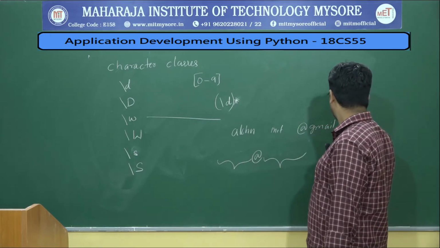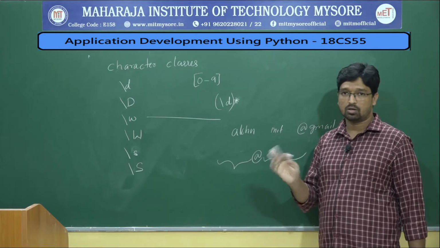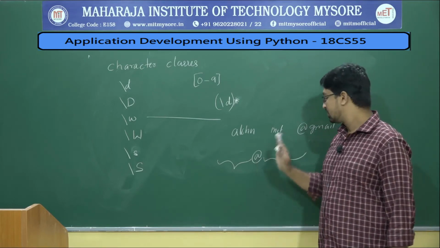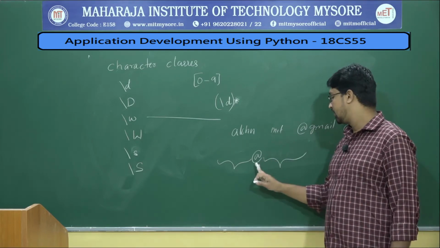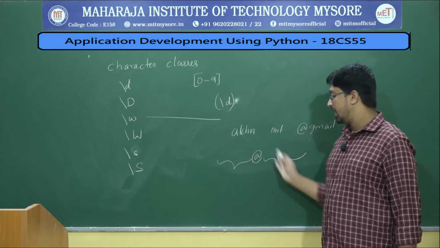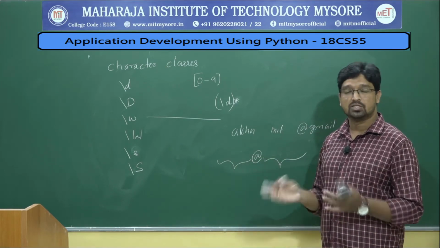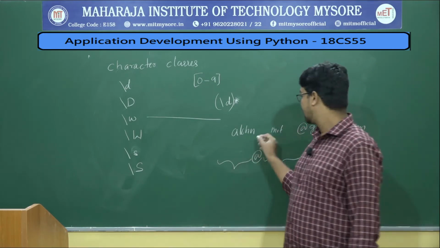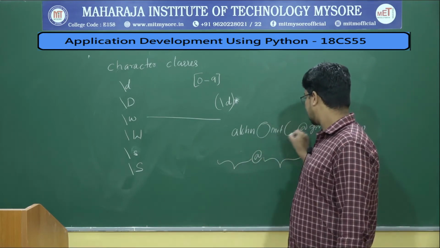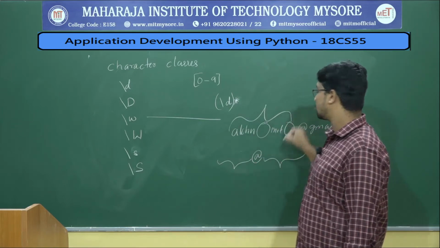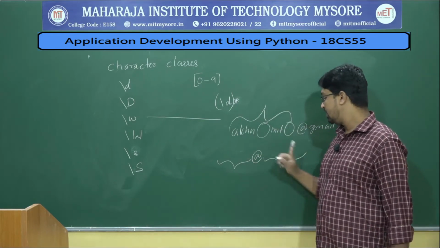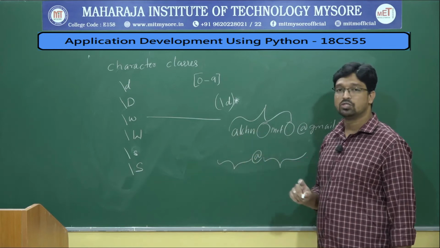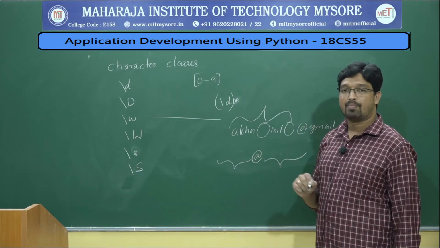We are not worried about whether it consists of dot or not, .in, .com. We are not worried about that. In general, we are telling that there should be an @ symbol. On the right hand side and left hand side, there should be a list of non-white space characters. What are white space characters? These are white space characters. These kinds of text should not be present here and here. So that is how you check using capital S.